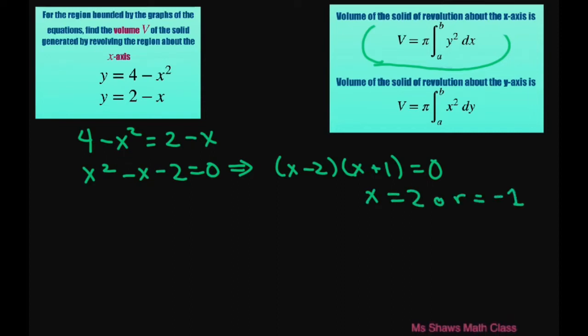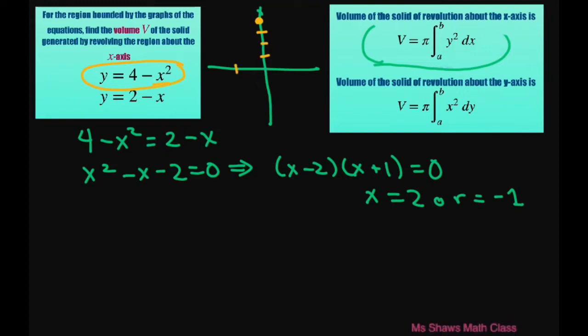I'll do a little sketch here. You don't have to graph this. But basically, the first equation is just a quadratic that opens down, and the y-intercept is 4. If you solve for x, you get plus or minus 2 when y is 0.